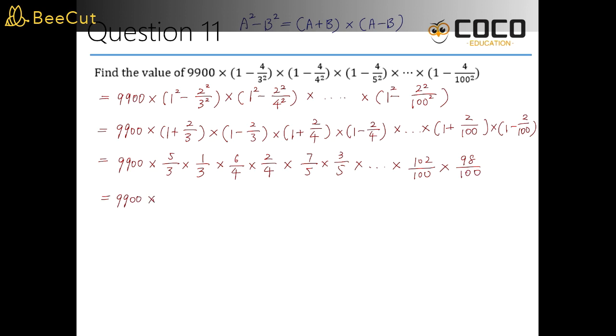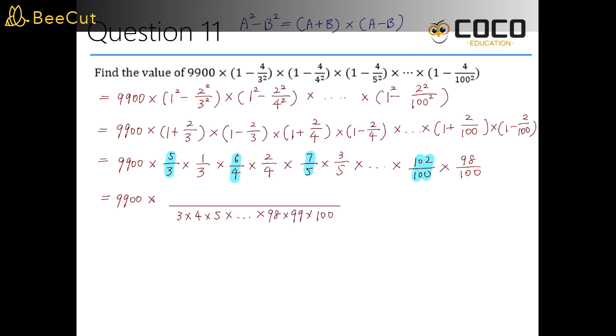Right, so in order to see the pattern clearly, let's separate the fractions into two groups. Those that are bigger than 1, we group them together. For the denominator, this is from 3 all the way to 100: 3 times 4 times 5, all the way to 98 times 99 times 100.